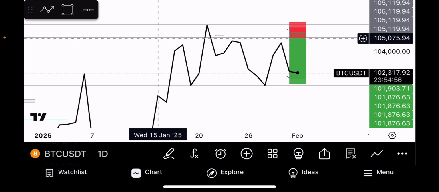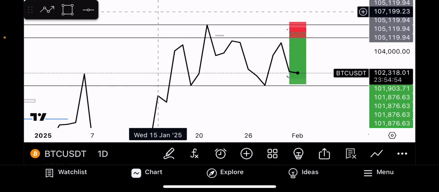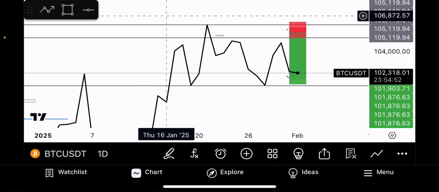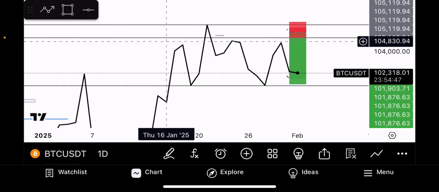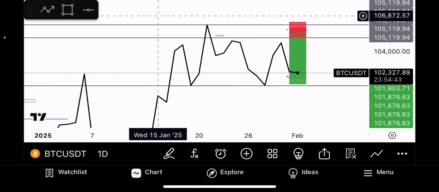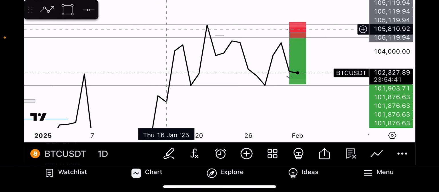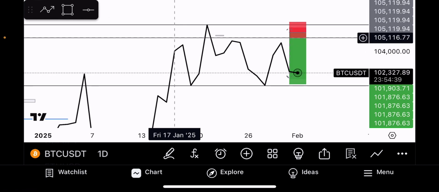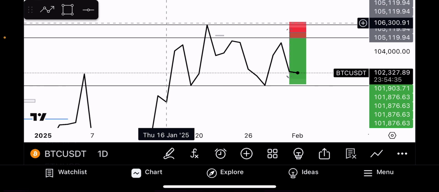So as you can see in this daily time frame, this is a higher high, this is a higher low. This higher high, it came but it didn't close above. So make sure you watch the candle close very well. If we switch back to the candlestick, you will see all here is wicks, but it didn't close above.